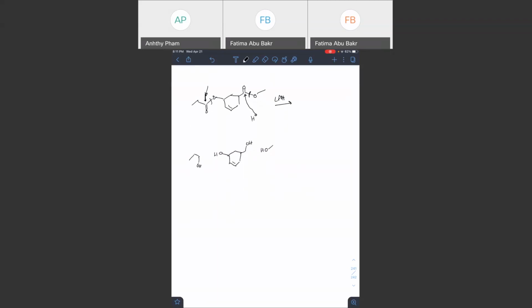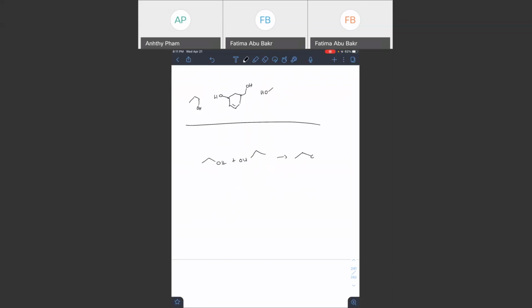Here's an interesting one. We also need to remember our ester formation stuff for this exam. When it comes to ester formation, there's a few different ways of doing it. You can have some OHs that react together, and that will just give you this.